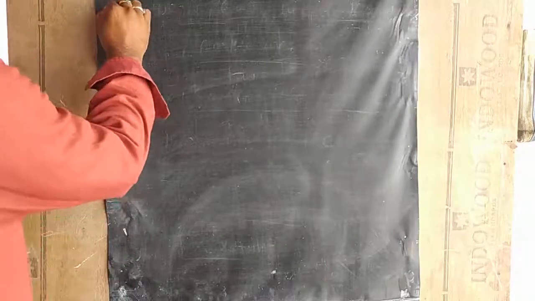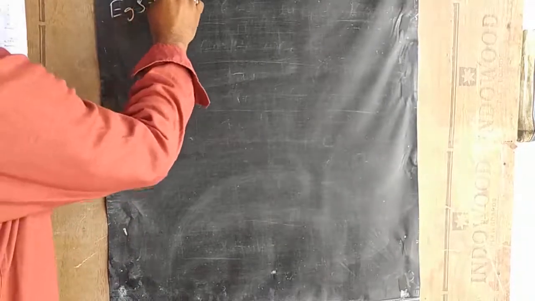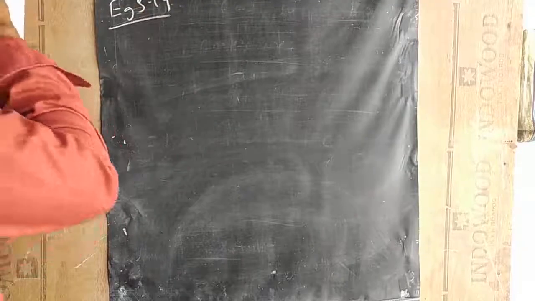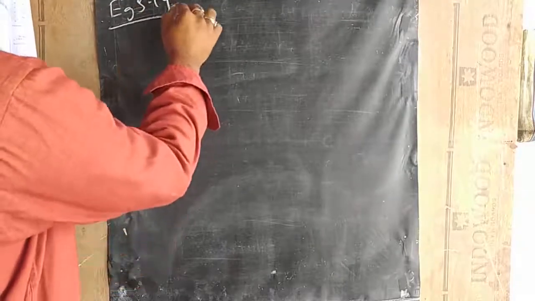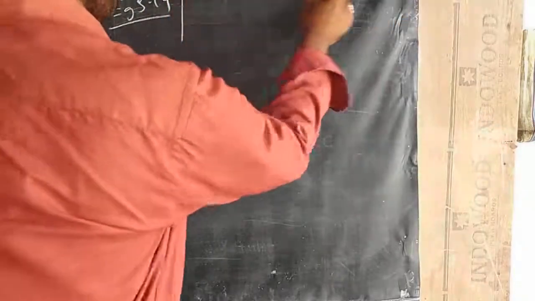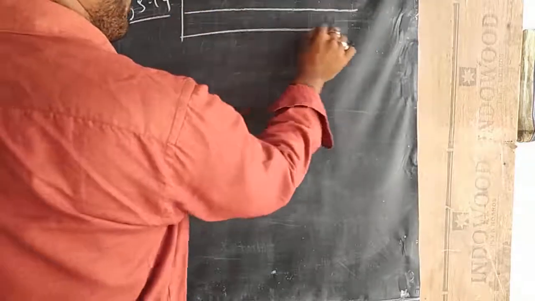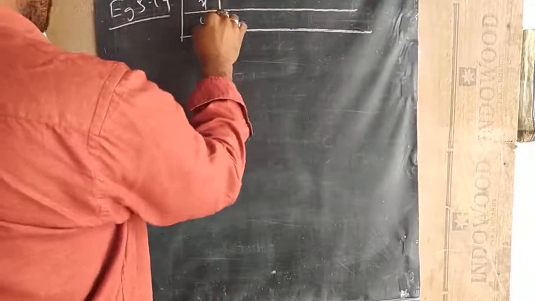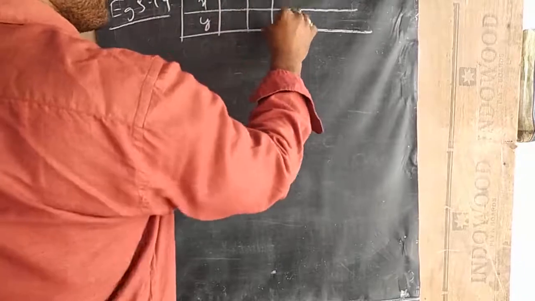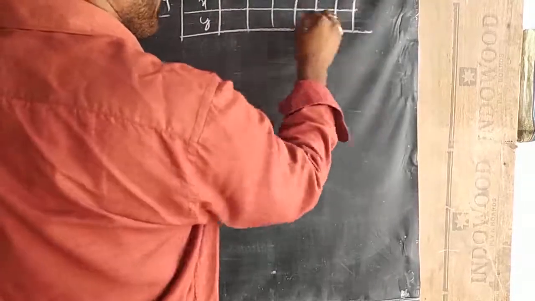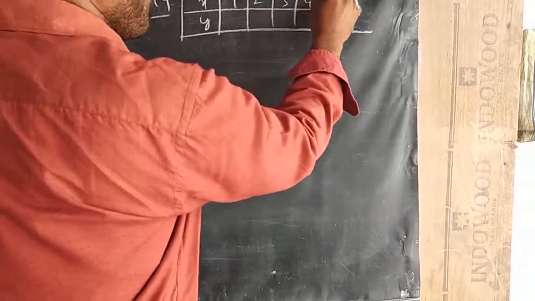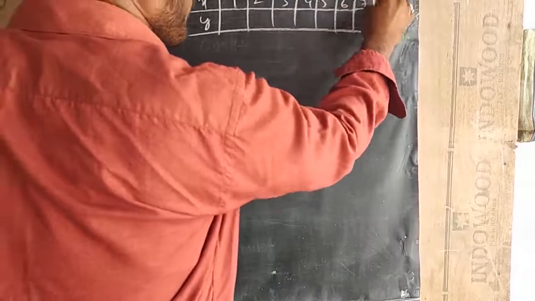Next example 5.19. Calculate the y value from the x. The given table is here x, here y. So 1 to 8: 1, 2, 3, 4, 5, 6, 7, 8.